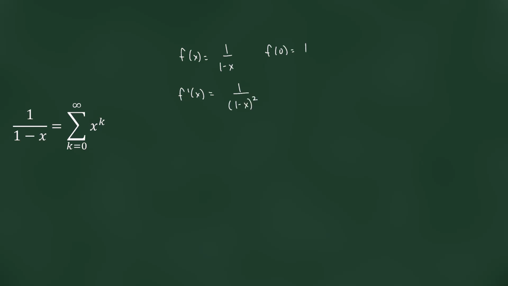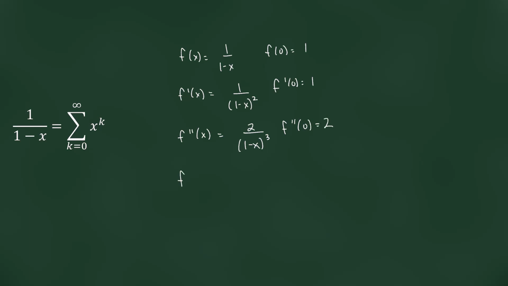We're using the power rule as well as the chain rule to make sure that this is positive. And then f prime of 0 is going to be 1. If we repeat that for the second derivative, we're going to get 2 over 1 minus x cubed, and f double prime of 0 is going to be 2.